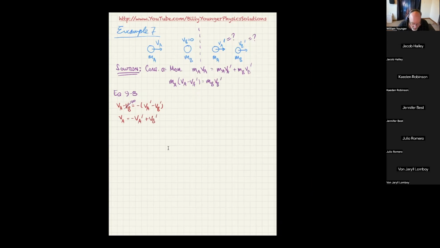What I'm going to do is solve for VA prime, and that's going to give me VA prime is equal to, pulling that to the other side, VB prime minus VA. So now I'm going to put that up there and say VA prime is equal to VB prime minus VA. So that gives me two equations that I can use.